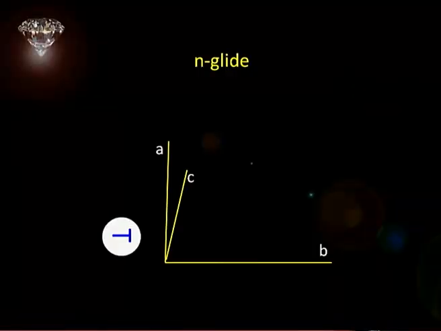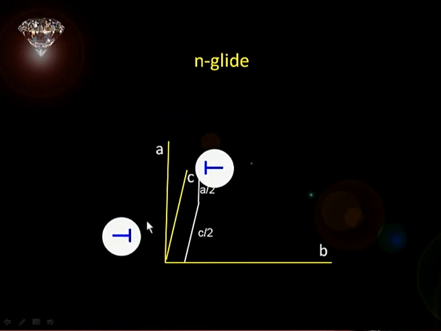Let us see another one. Now, I have the same starting point here, I reflect, I get this, I translate along the C axis by a distance C by 2, and then I move parallel to the A axis by again A by 2. So, this will be my new lattice point here.